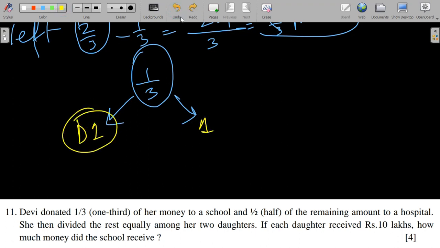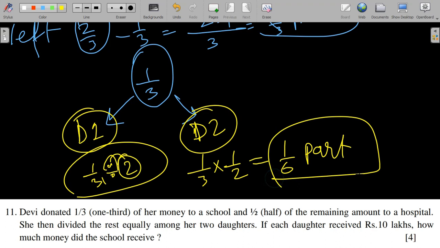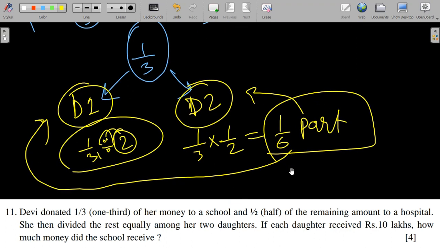So 1/3 became half. 1/3 in half means, if you do it in multiplication, the digit becomes the reciprocal, so we get 1 by 6. Both the daughters will get 1 by 6 part of the money.